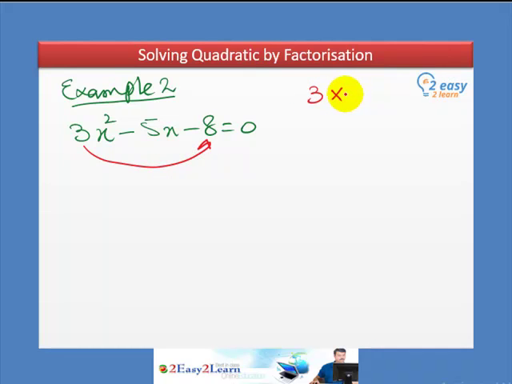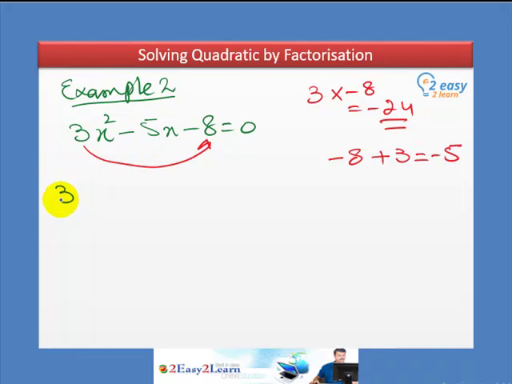So 3 multiplied by minus 8 is equal to negative 24, and we have to use factors of 24. We add or subtract, that should be equal to negative 5. Luckily we have the same number here in this question. Minus 8 plus 3 is equal to negative 5. So we will use these two numbers for midterm breaks.